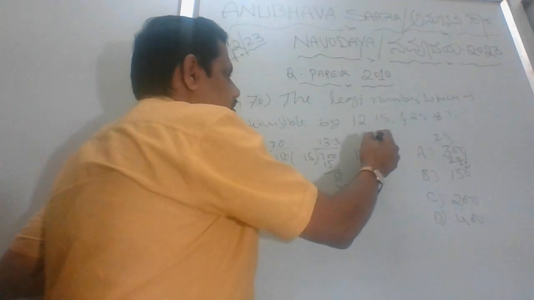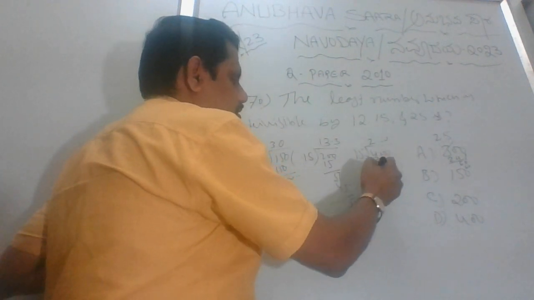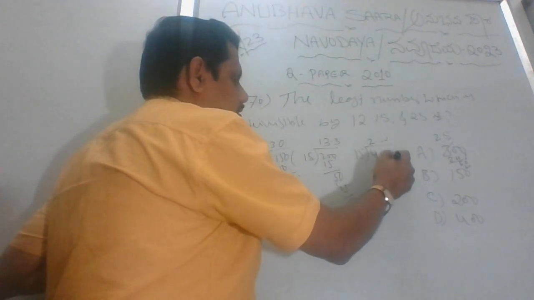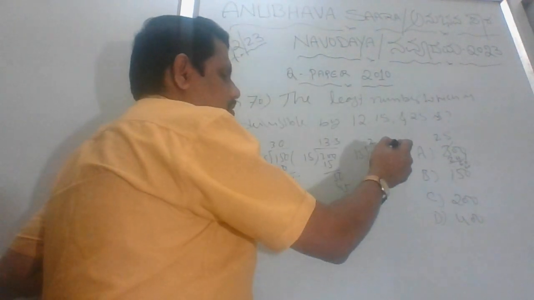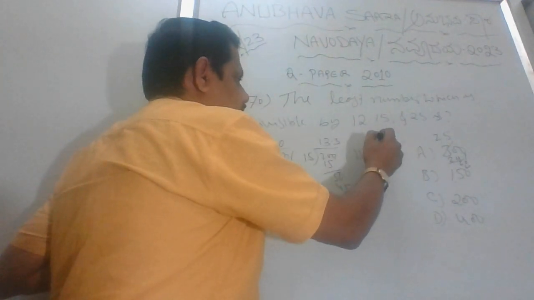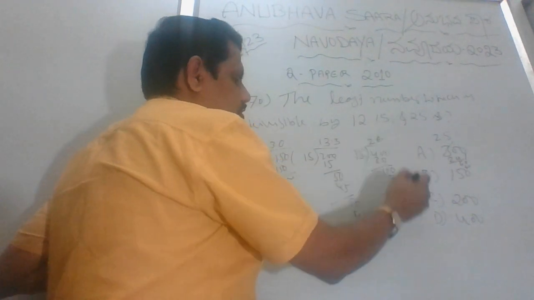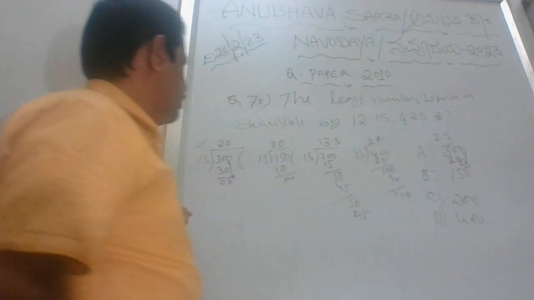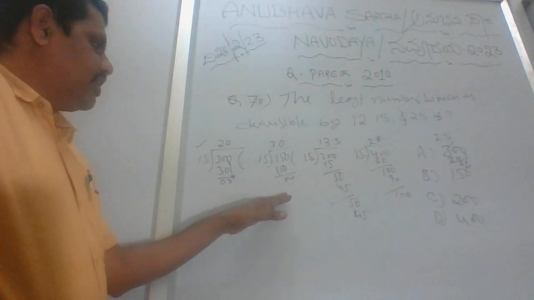Here 15, 30, 10. 15 sixes are 90. 10. You put dot. Again it comes. So that means successfully these two numbers divided.